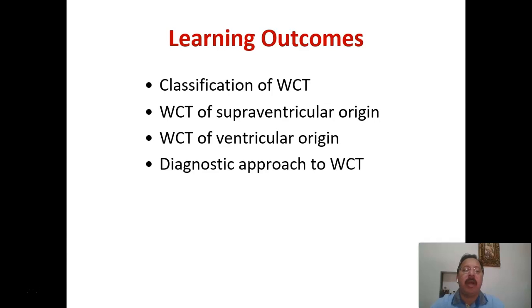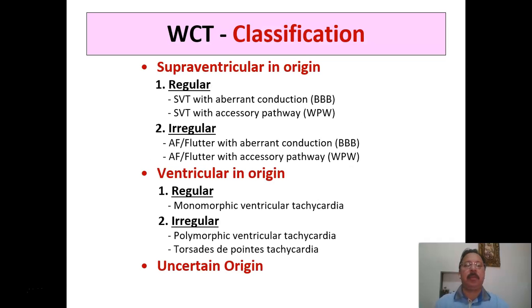We'll talk about the wide complex tachycardia of supraventricular origin, and then wide complex tachycardia of ventricular origin, and then we will apply a diagnostic approach to diagnose a wide complex tachycardia. Again, wide complex tachycardia can be supraventricular in origin or ventricular in origin, and sometimes you don't know from where it's coming. Is the source supraventricular or ventricular, it's not obvious.